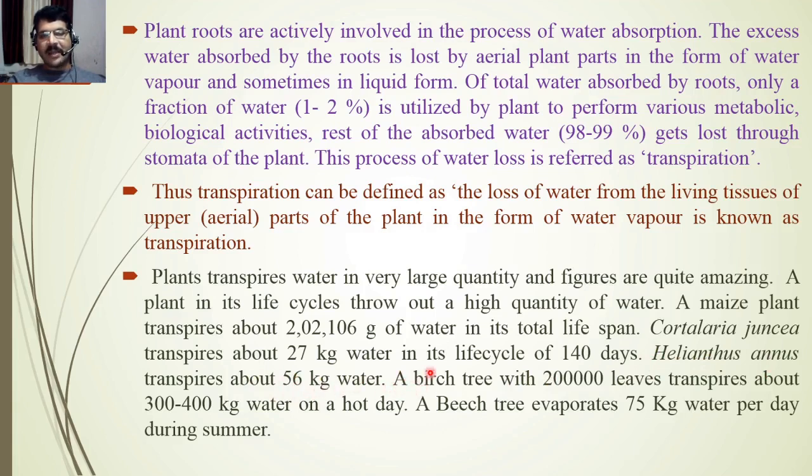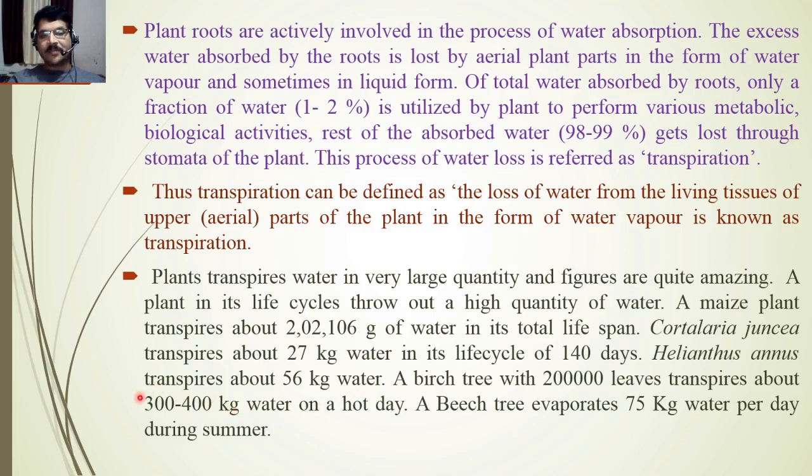There is a plant, namely the birch tree, which has many leaves. A birch tree with 2 lakh leaves transpires about 300 to 400 kilogram of water in a day.